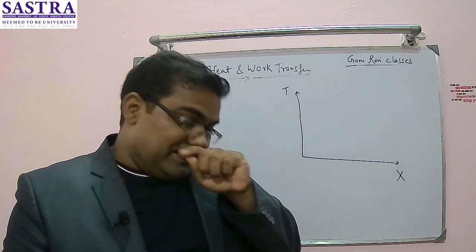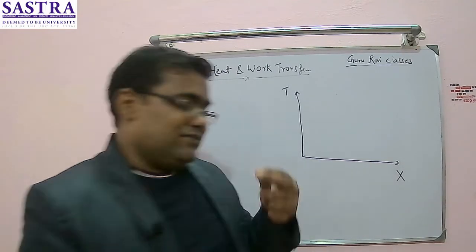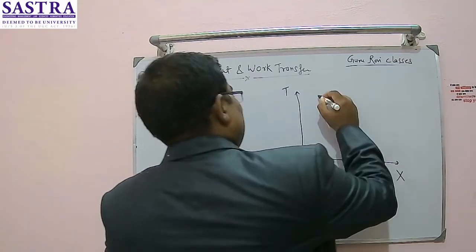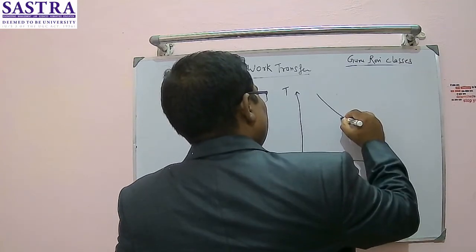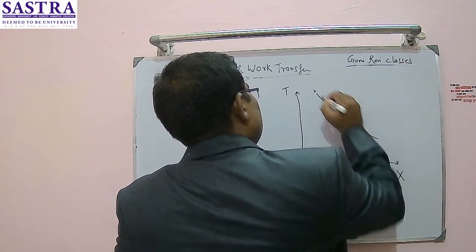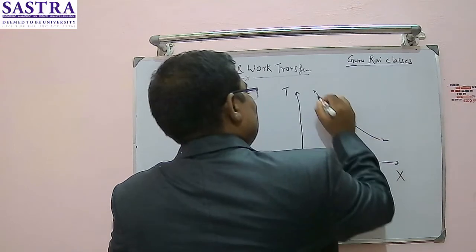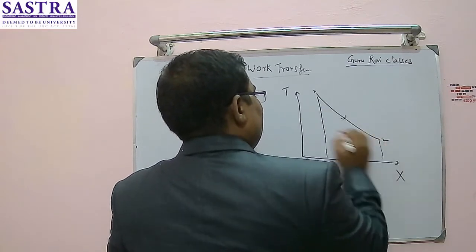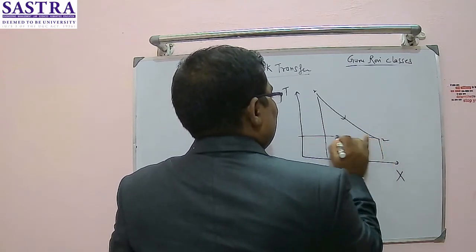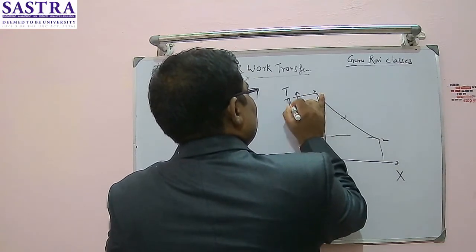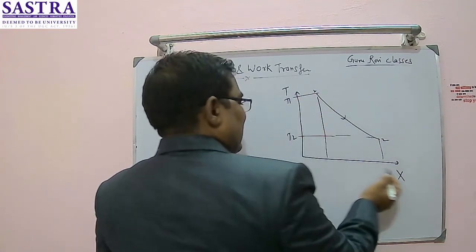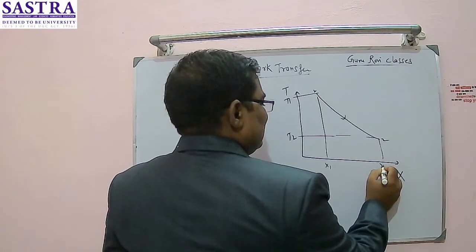Wherever there is a temperature gradient, there will be some change happening to the system, and some process is taking place between point 1 and point 2. So if I draw like this, this is the temperature gradient I was talking about. This is T1, this is T2, and the property changes from x1 to x2.